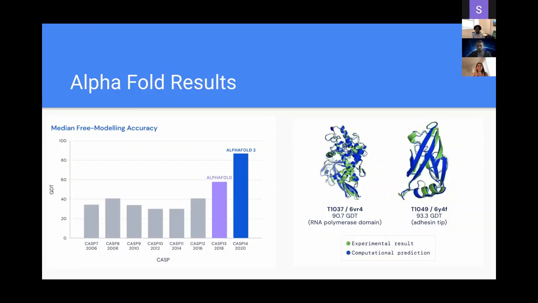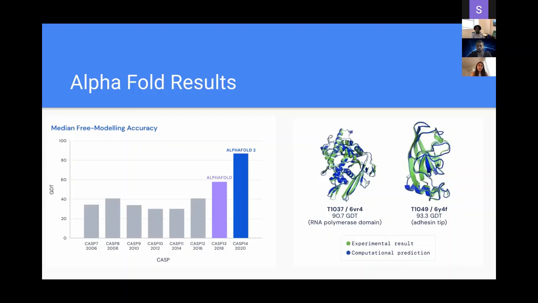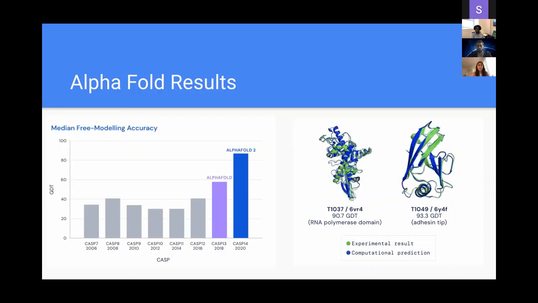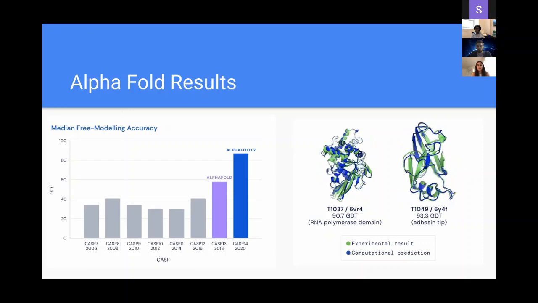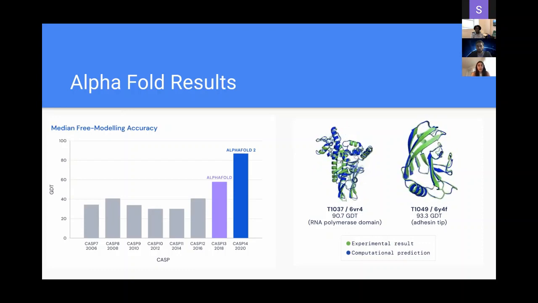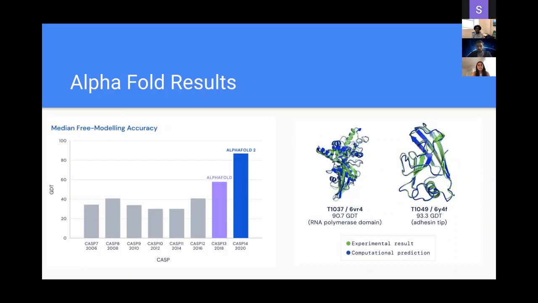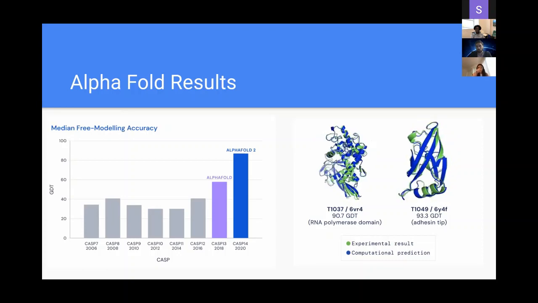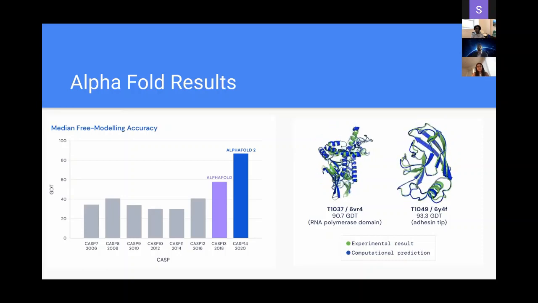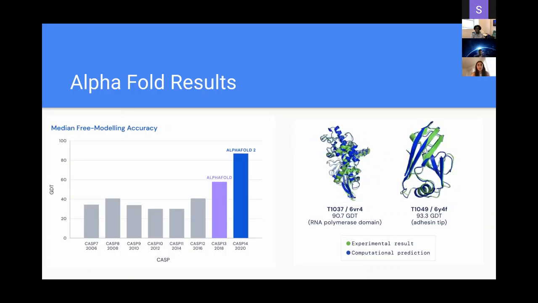CASP basically gives you a sequence and says, find its structure and we'll tell you how right you are or not. It's an international competition. The graph to the left shows the median free modeling accuracy, which is the overall accuracy of your structure. From 2006 to 2016, we can see really no general trend of things improving. It seems more sigmoidal in the trends, but there's really no overt trend of improvement.